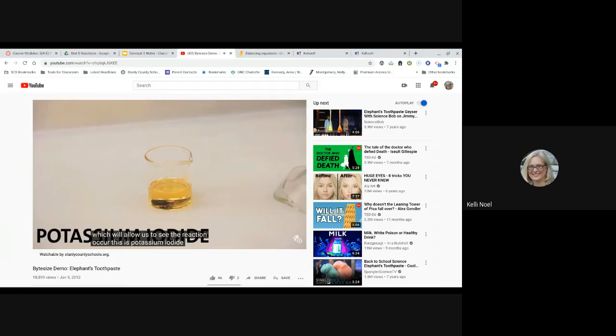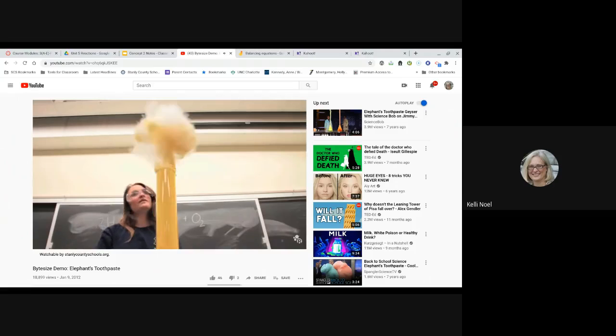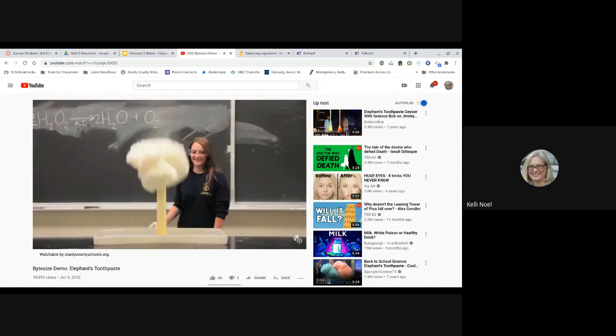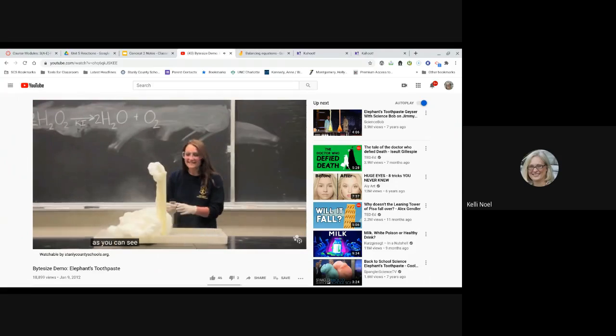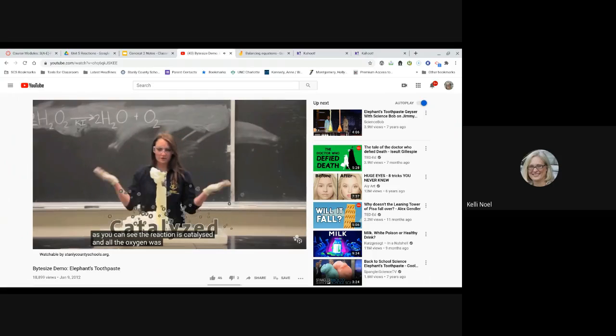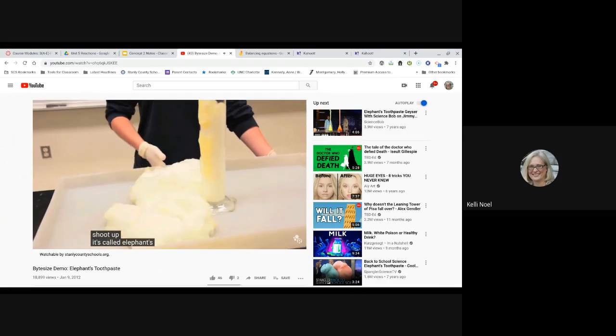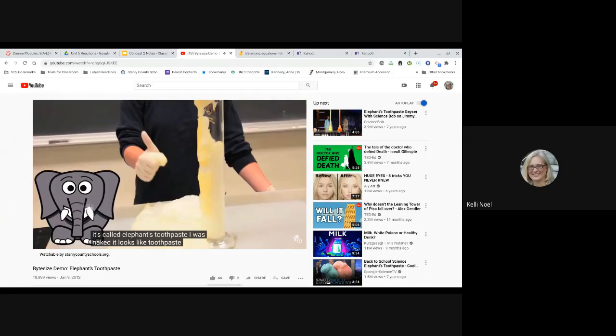This is potassium iodide. As you can see, the reaction was catalyzed and all the oxygen was released, and the dish soap makes foam with the oxygen. That's why it's called elephant toothpaste.